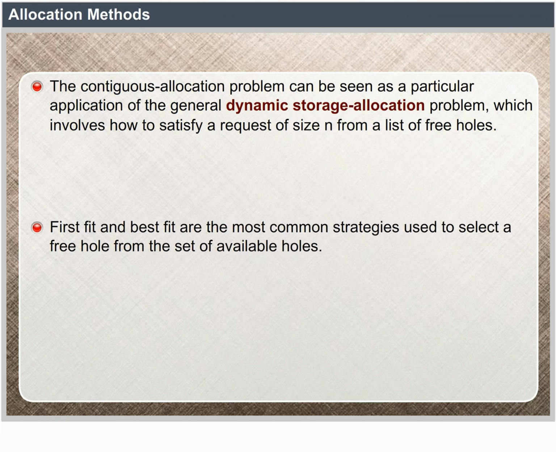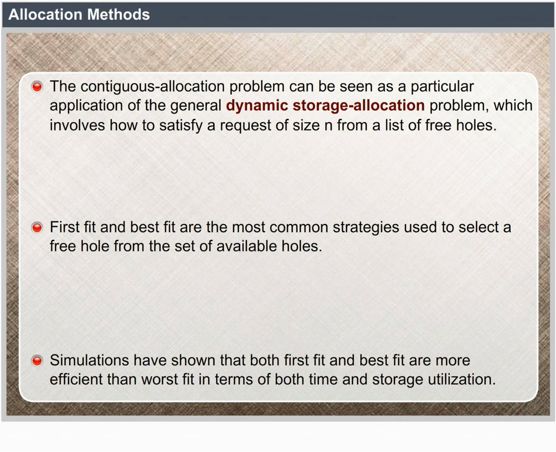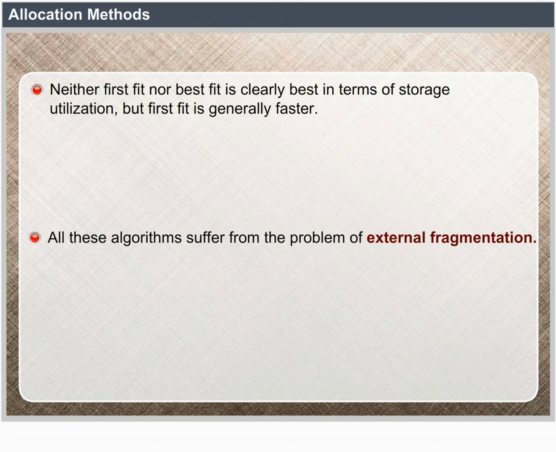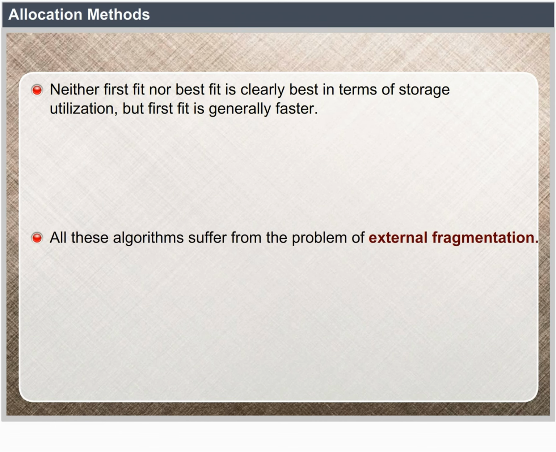Simulations have shown that both first fit and best fit are more efficient than worst fit in terms of both time and storage utilization. Neither first fit nor best fit is clearly best in terms of storage utilization, but first fit is generally faster. All these algorithms suffer from the problem of external fragmentation.